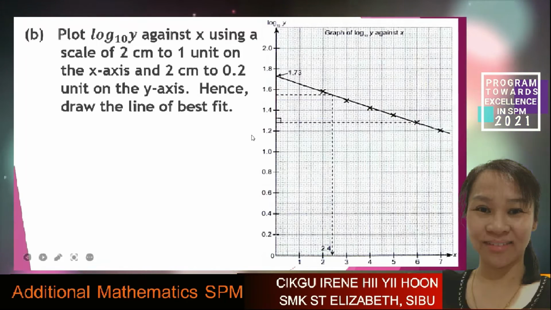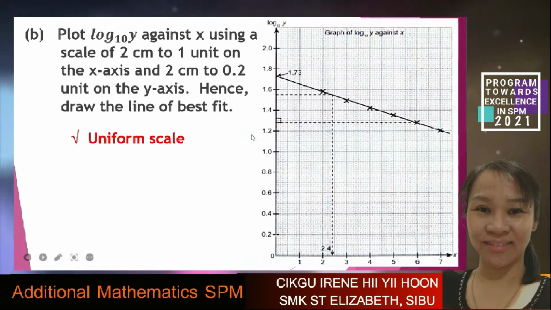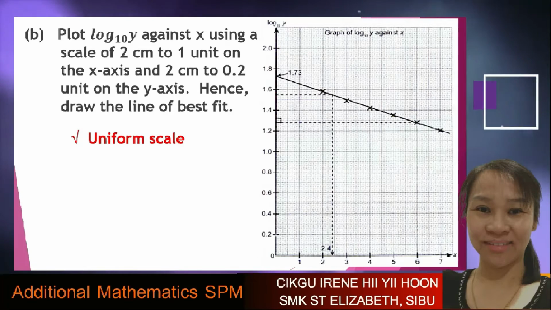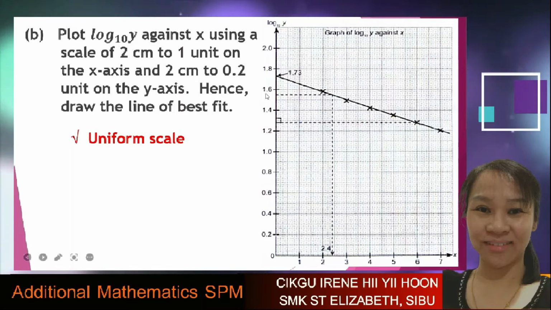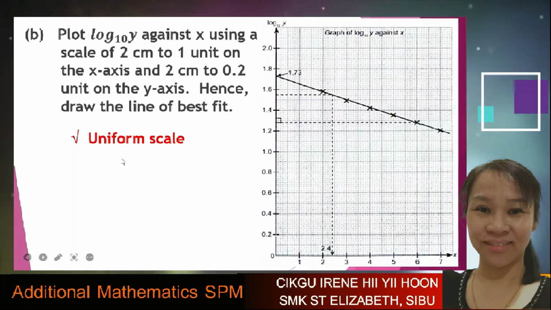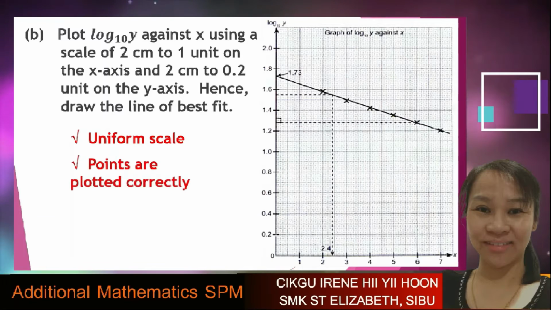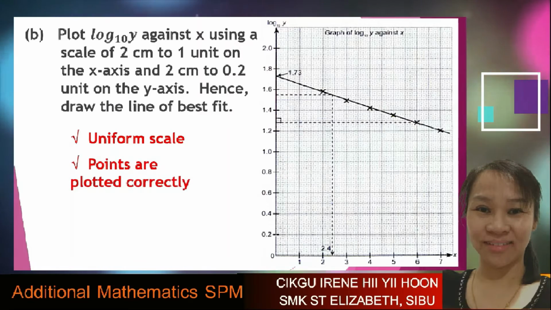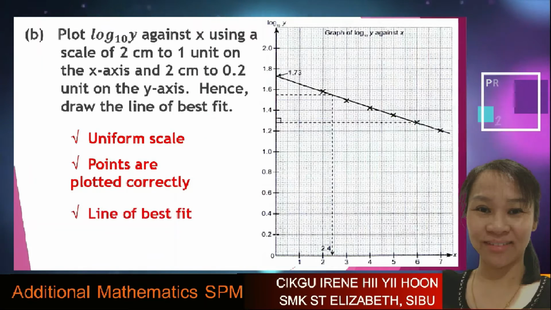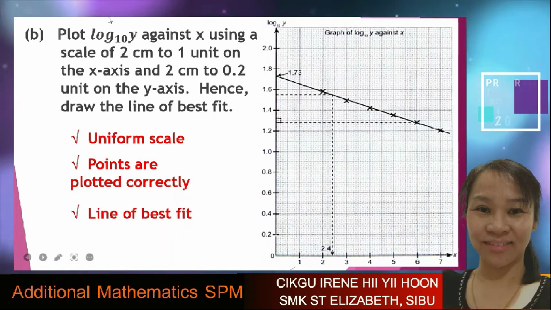So also as usual, there are three aspects that we must consider when we are drawing a graph. That is, make sure the uniform scale is used, the points are plotted correctly, and finally the line of best fit is drawn on the graph.